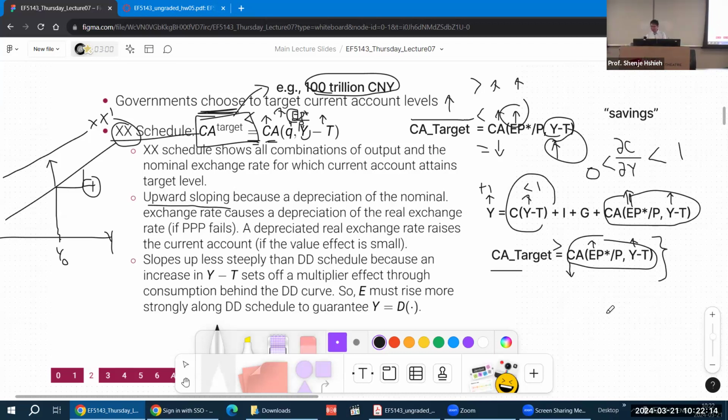We want to know change in E over change in Y. So here we already know what's going on: E has to move to offset this import effect. Here, if there's savings, then the right-hand side hasn't increased enough to offset this +1, right? So E therefore has to respond even more to completely offset this savings effect.